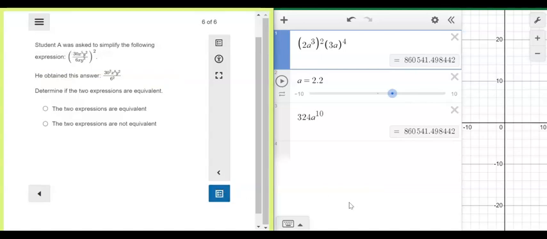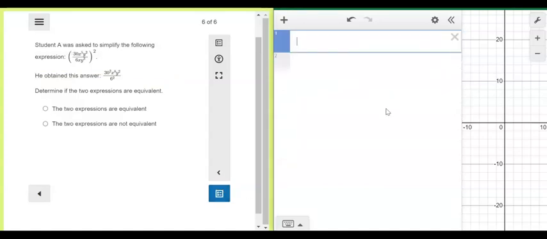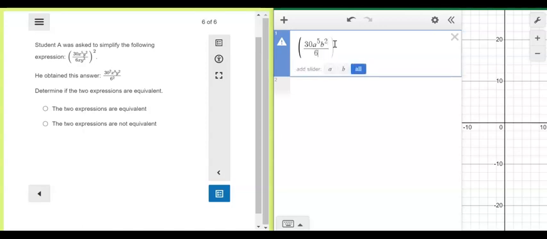Alright, last one. It says here, student A was asked to simplify the following expression. He obtained this answer. Are they equivalent? Well, instead of doing all the steps here, since I'm only looking to see if they're equivalent, I've been doing this for all of my answers. I'll just check it using Desmos for this part. 6, a, b to the 3rd. I just changed the variables around so I can use Desmos.